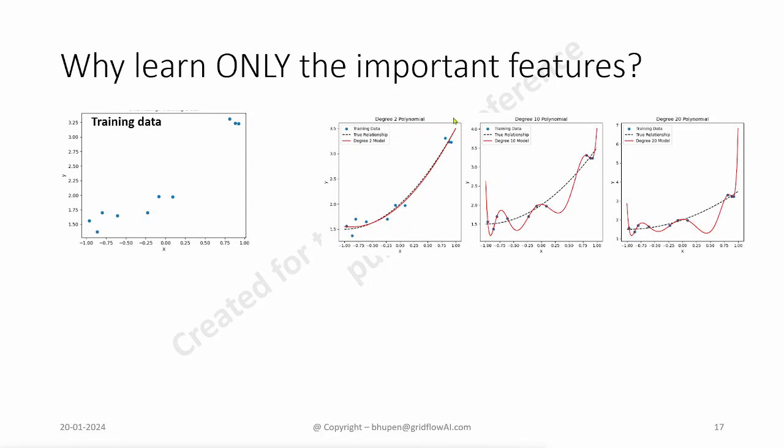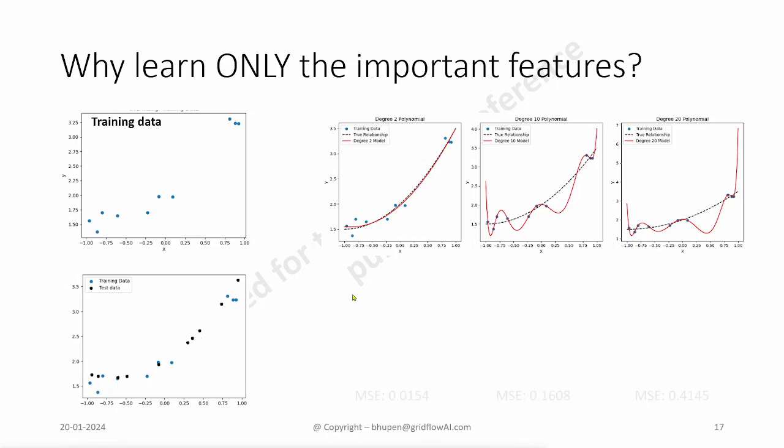Notice here you have a smooth model going through the points. Here is somewhat overfitting. This is definitely way too much overfitting because it is going through each of the points. So what will happen in this situation is, let's say the black dots are your training points, and with the regularized model, the mean squared error could be like this, 0.01. With the overfitted model, notice the mean squared error is more, and even more with the severely overfitted model.